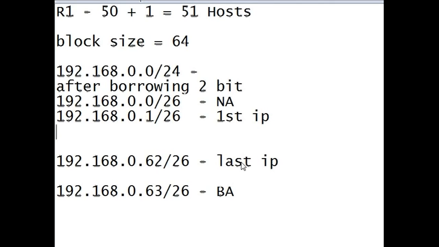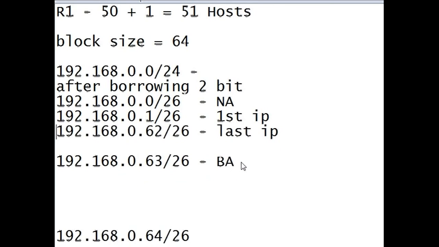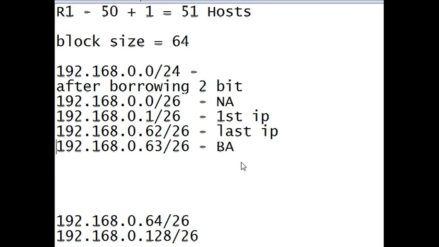So that is what my calculation is. Now, out of this 256 block I have used 0 to 63. So the next block is this.